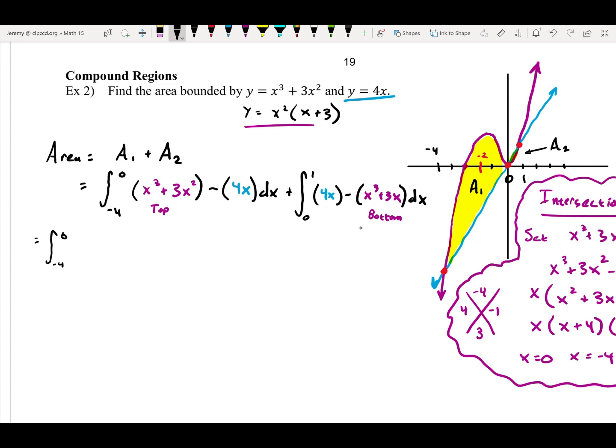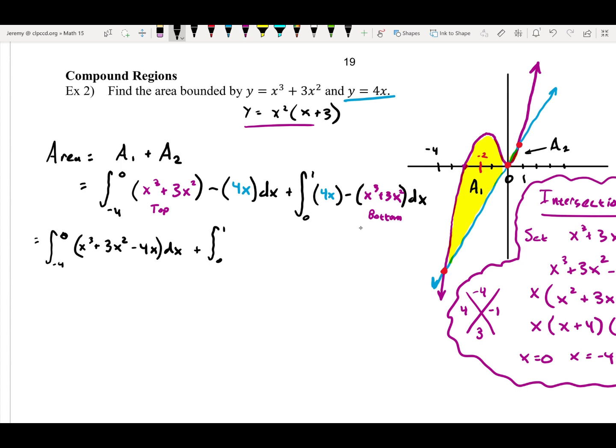So simplifying the first one, I'll just write this as the integral of x cubed plus 3x squared minus 4x dx, plus the second integral from 0 to 1 of, oh sorry, I forgot the x squared over here.